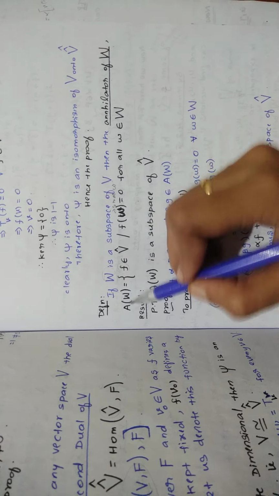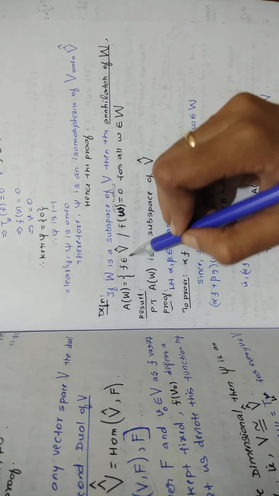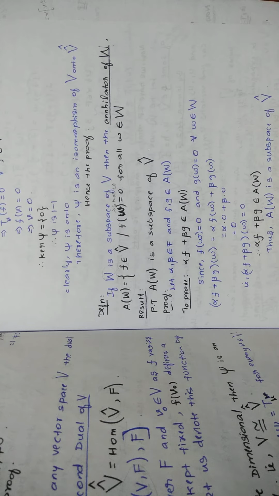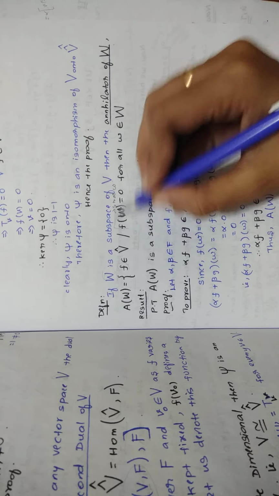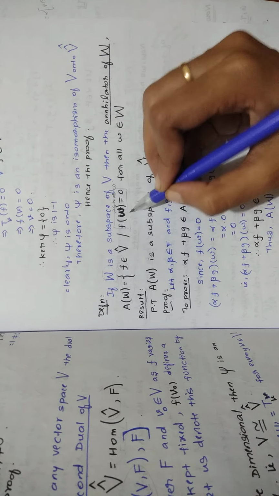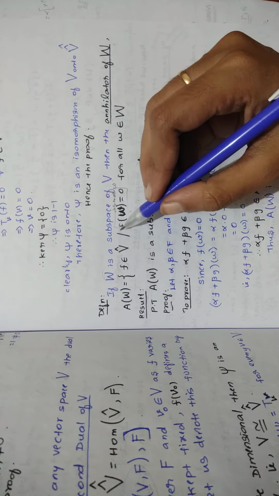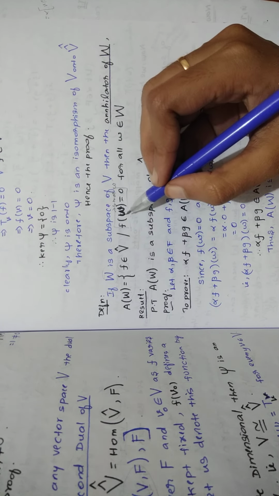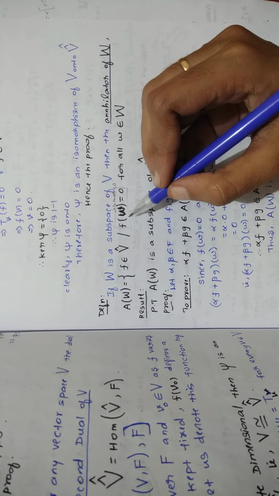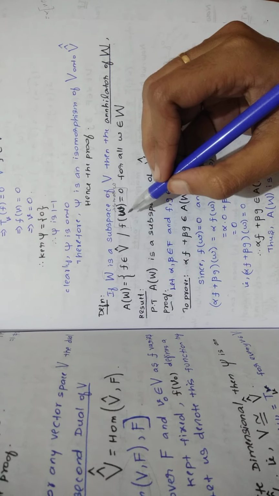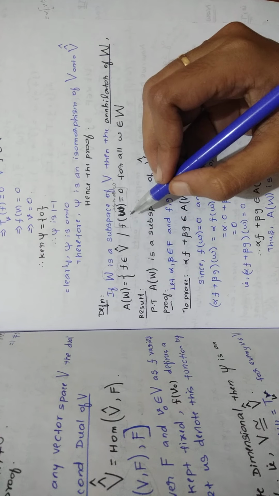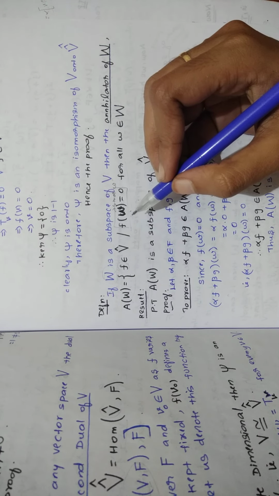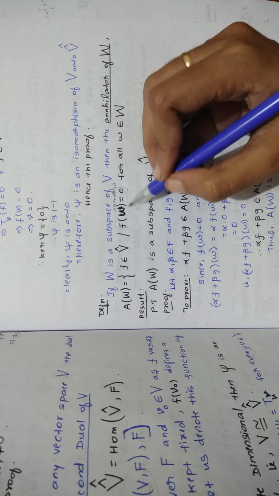So let me repeat, A of W is equal to F belongs to. What you should remember is just keep this in your mind, and from this you have to know F is from where and W is from where. All these you have to know, but the only thing you have to memorize or store in your mind is F of W is equal to 0.